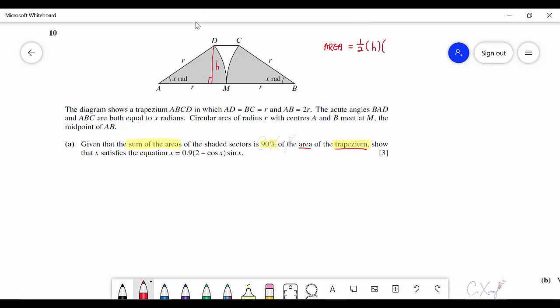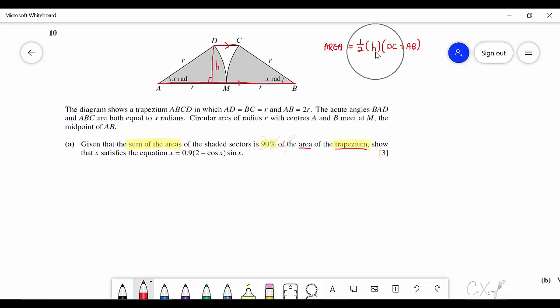So the two parallel lines here will be CD and BA. So this one you can write as DC plus AB, the length of DC and the length of AB. If you look at the formula here, there are a few important pieces of information that you need to have.